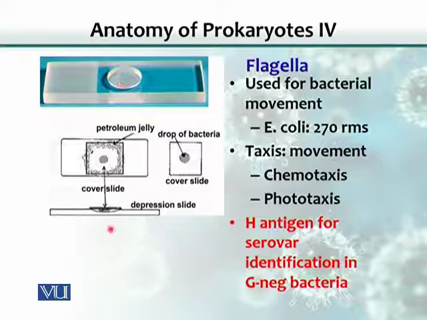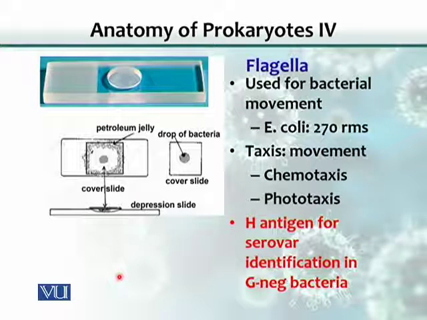If you look at it from the side, this is the side view. This is the depression here, and this is the cover slip. That cover slip has underneath a drop of medium containing the bacterium. We can put this slide assembly under the microscope and see the movement of the bacteria.